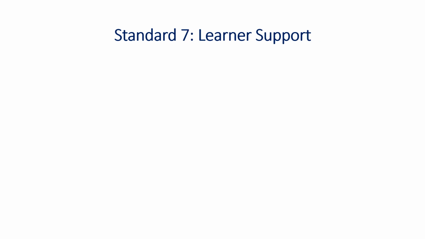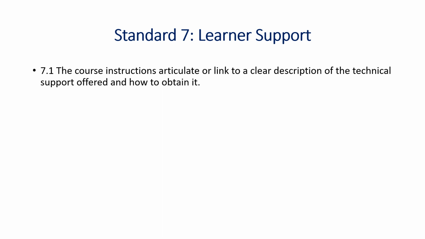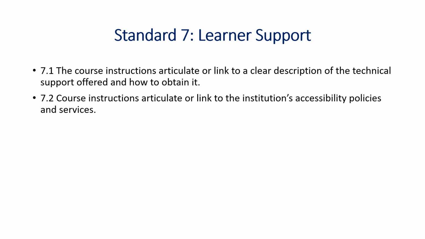Standard 7, learner support. There are 4. The course instructions articulate or link to a clear description of the technical support offered and how to obtain it. Course instructions articulate or link to the institution's accessibility policies and services. We need to make sure students know where to go for help.